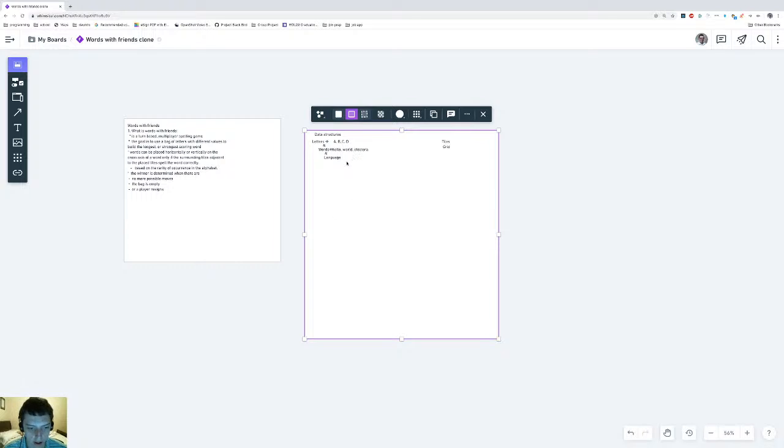And you would say, okay, the problem would be: given language English, what are the valid letters? So you would want a relationship between language and letters that would allow you to query the letters for a language.